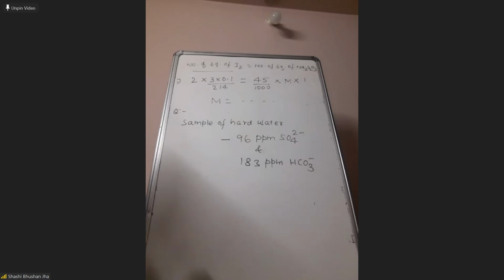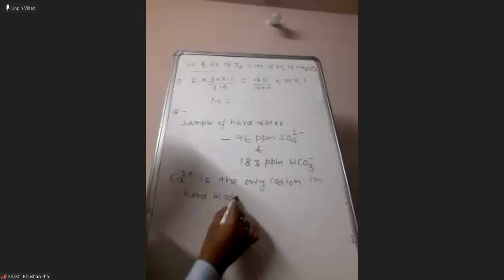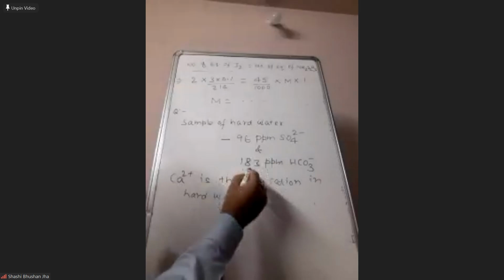Calcium is in hard water. So sulfate and bicarbonate are 96 ppm and 183 ppm. Calcium ion is the only cation present in hard water.